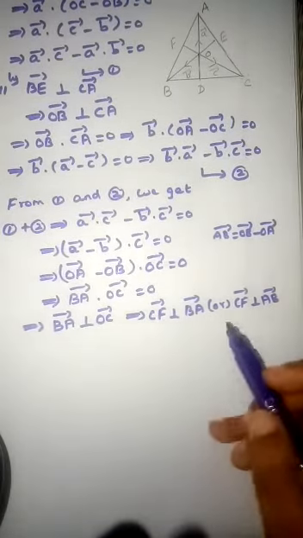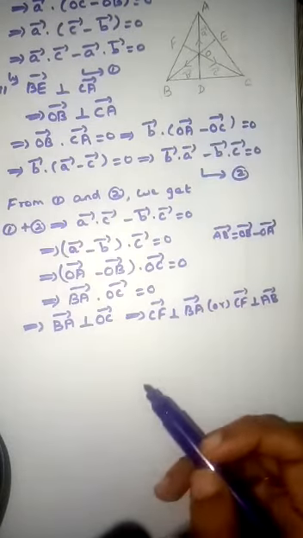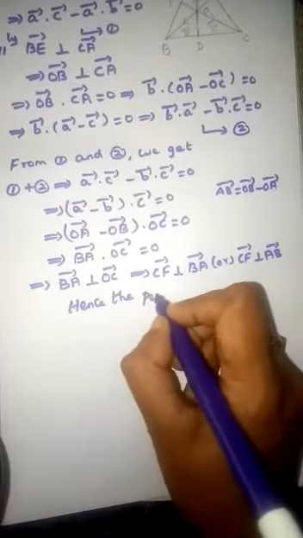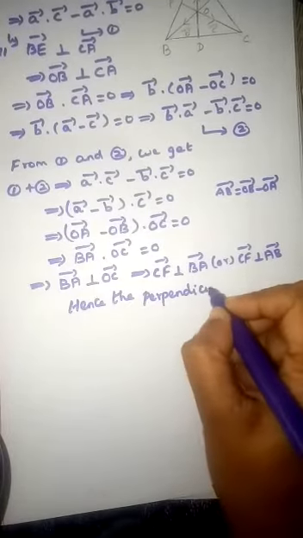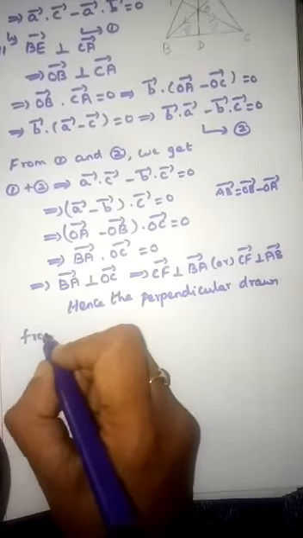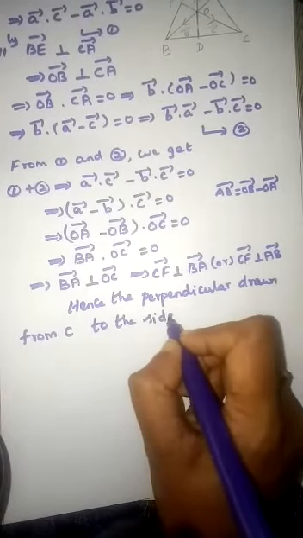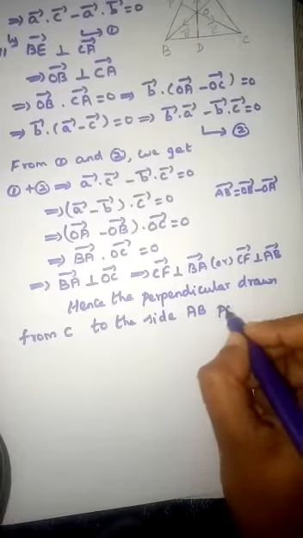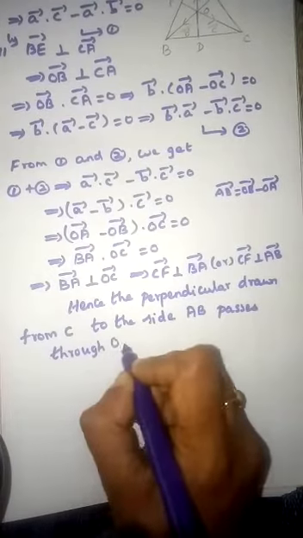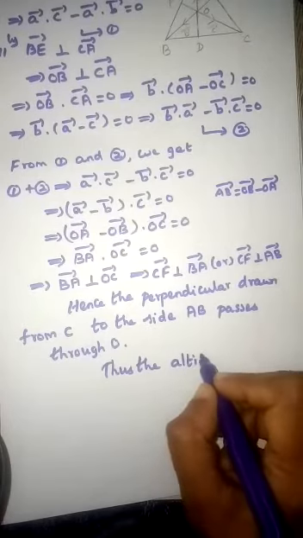So what we have proved now is that CF is perpendicular to AB as well as it passes through O. Hence the perpendicular drawn from C to the side AB passes through O. Thus, the altitudes of a triangle are concurrent.